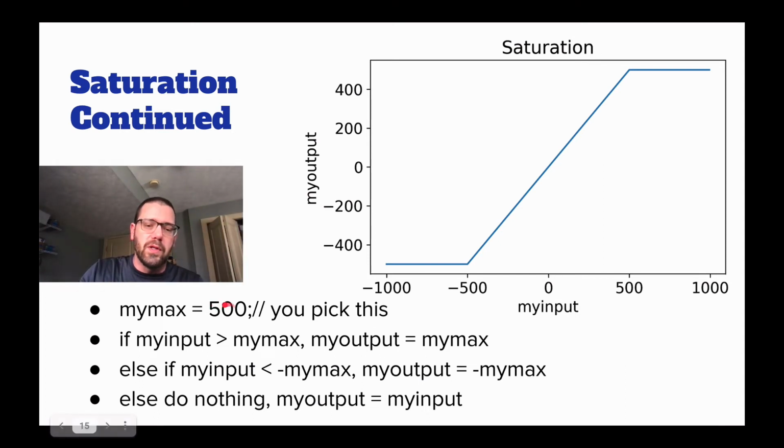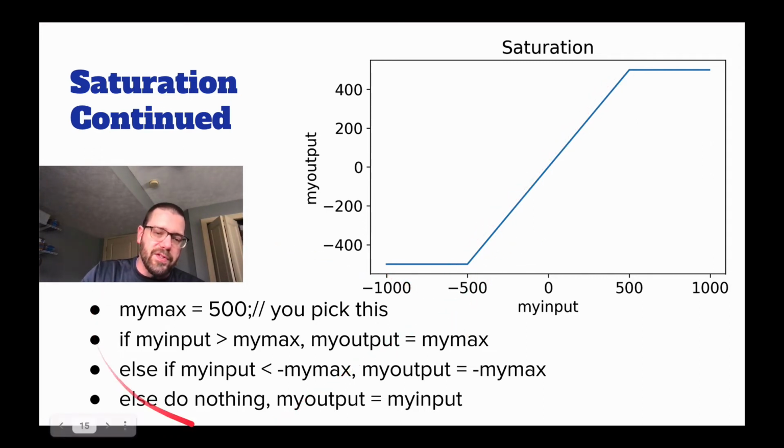Maybe this is really only plus or minus 200 or something. But if my input is greater than my allowed maximum, just set my output to the maximum. That would be this range right here. If my input is less than negative maximum, then I'm just going to set it to negative maximum, which would be this range right here. Otherwise, I'm just going to leave it alone and let output equal input.